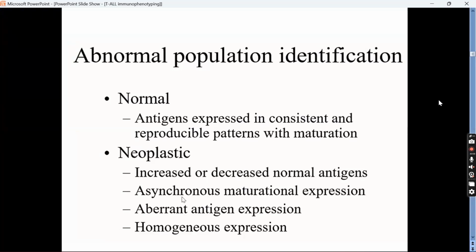And then the asynchronous maturation pattern. You know that CD34 positive T cells will be double negative. It is a very immature T cell, so it will not show 4 or 8. When you find CD34 positive cells expressing 4 or 8 or both, it is definitely abnormal. That is called asynchronous maturation pattern.